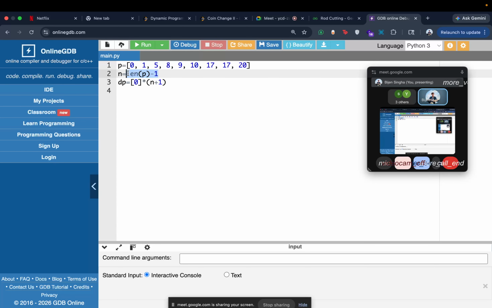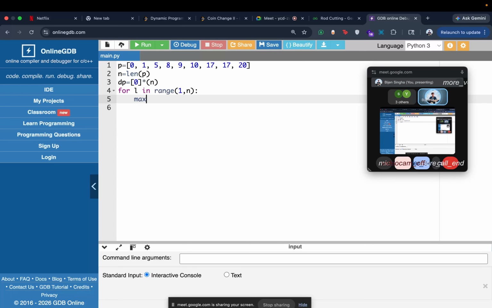From range 1 to 8. So I'll run from 1 to n, means 1 to 8. N is 9 here. Understand that n is 9. Got it?